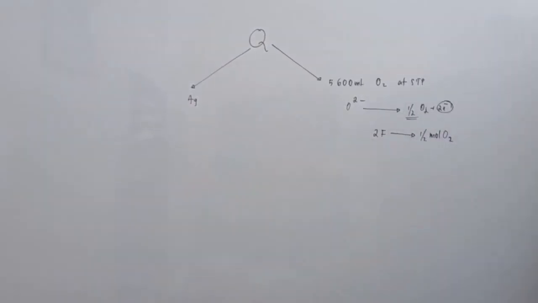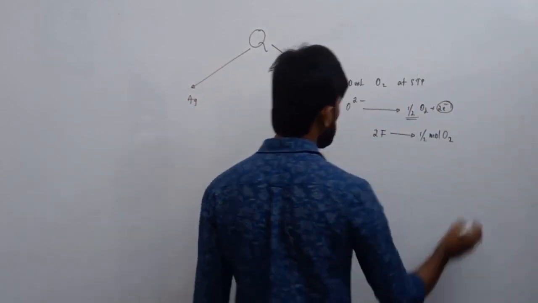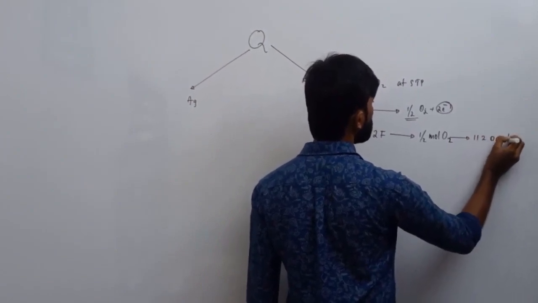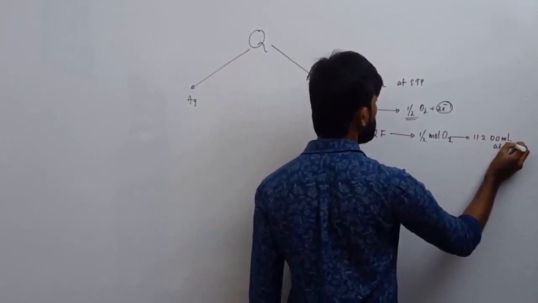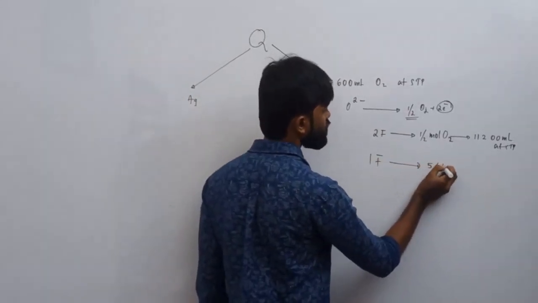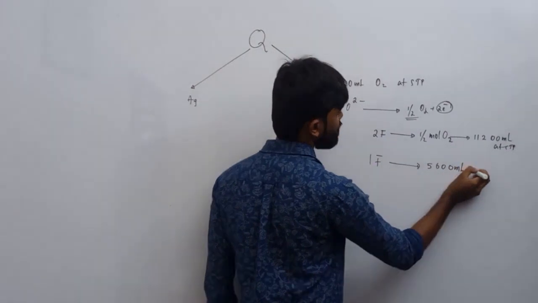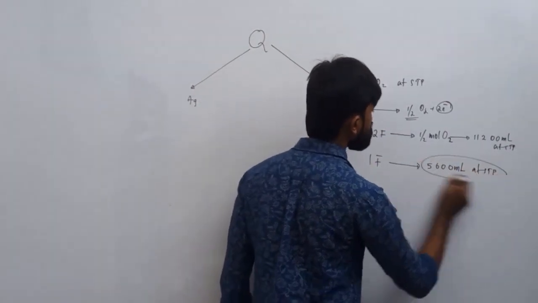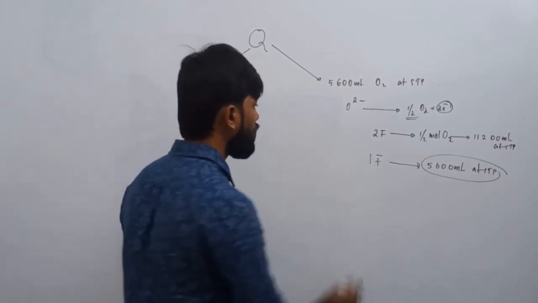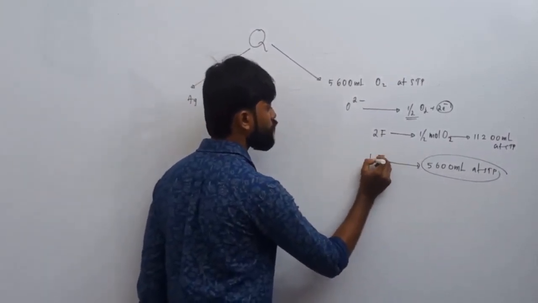Half mole O2 oxidized means 11200 milliliter at STP. Therefore, if 1 farad passed, it will be 5600 milliliter at STP. So, in order to liberate 5600 milliliter at STP, the current required is 1 farad.